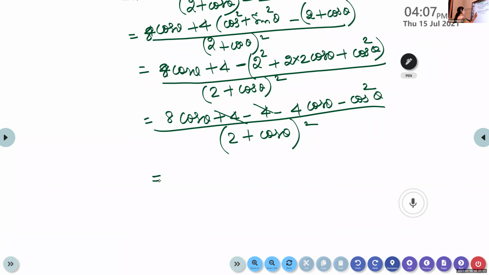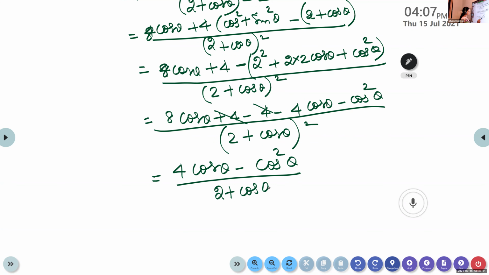So what is left? 8 cos theta minus 4 cos theta, that is 8 minus 4. So we get 4 cos theta minus cos square theta by 2 plus cos theta the whole square. This is the first order derivative.